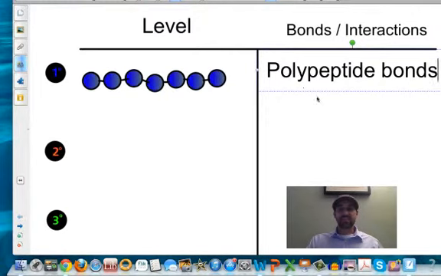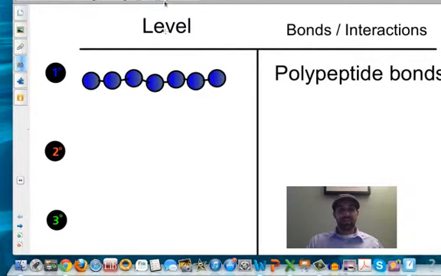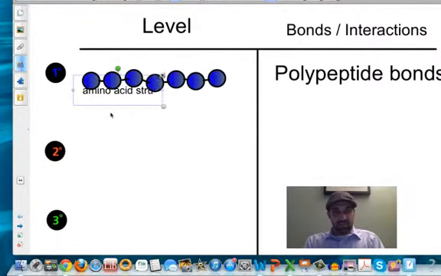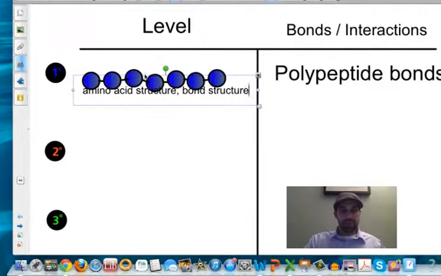Sequence of amino acids, polypeptide, held together by polypeptide bonds, and hopefully the person or the group, the pair that is doing primary structure, I'm hoping that you will include something about amino acid structure and bond structure, obviously with the polypeptide bond.